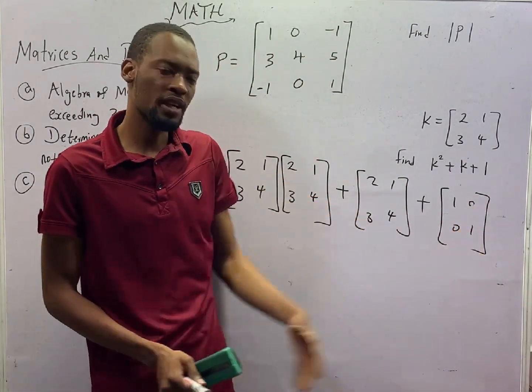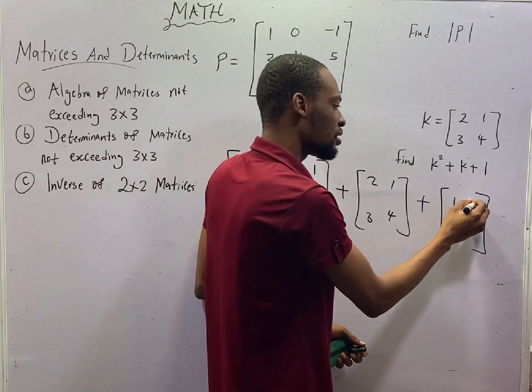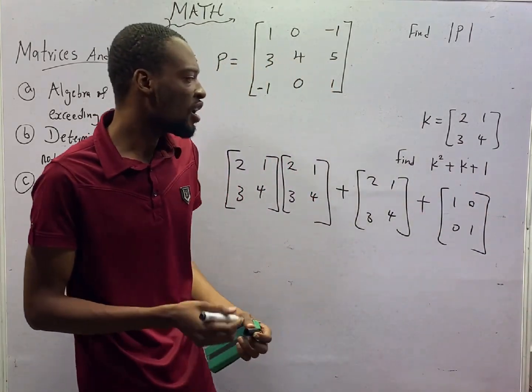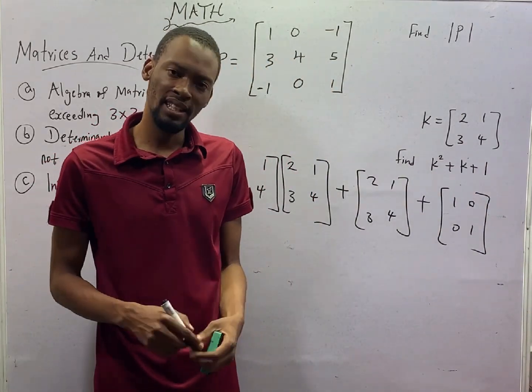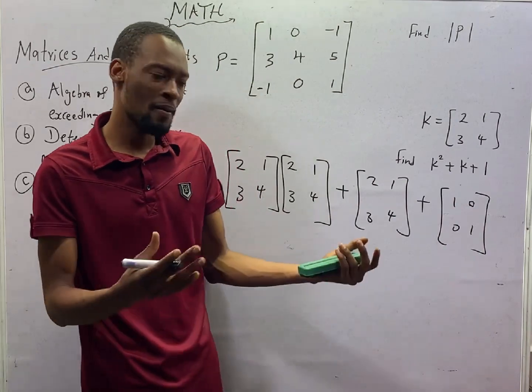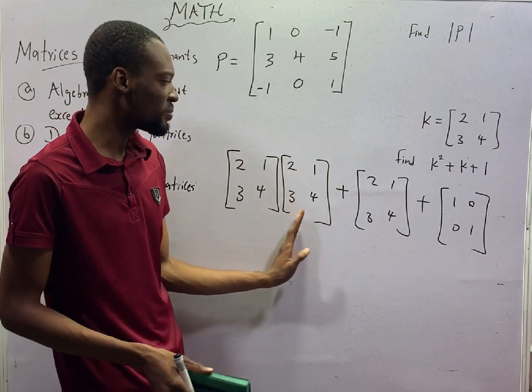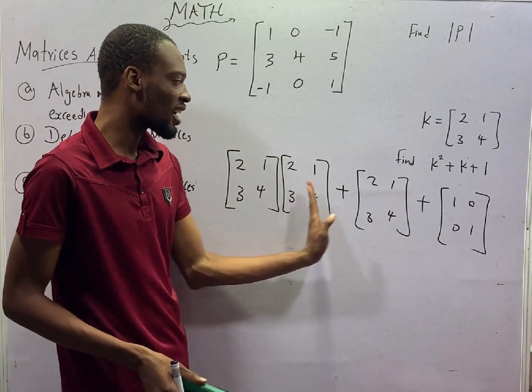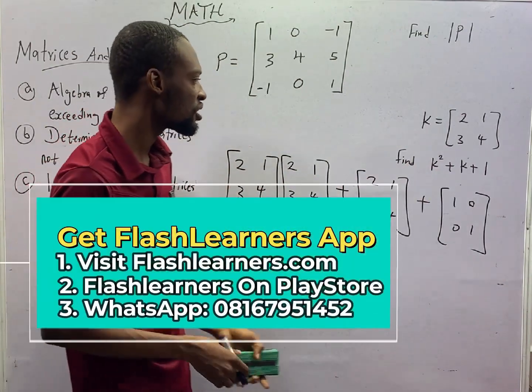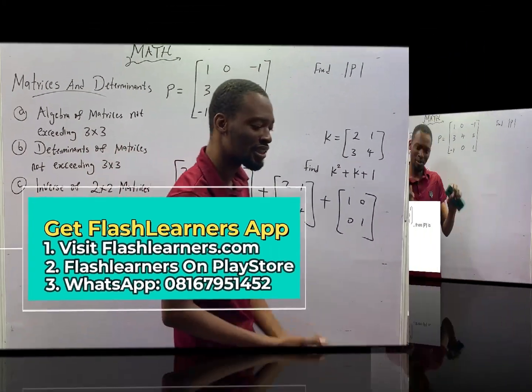Don't forget this. This is the identity matrix. And remember, when you operate a number with the identity, you get the number back. From here, you simply multiply these matrices. Your answer, add it to the two other matrices. You get what you are looking for.